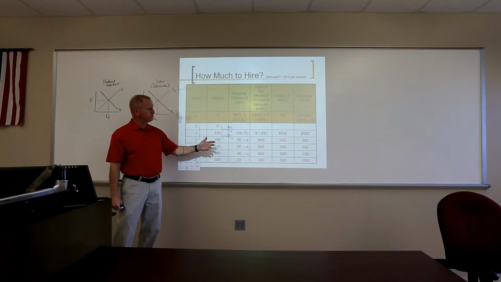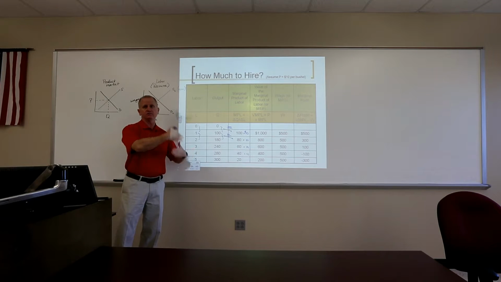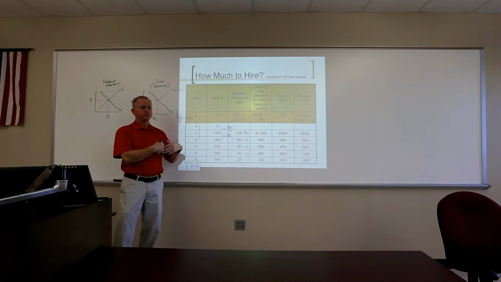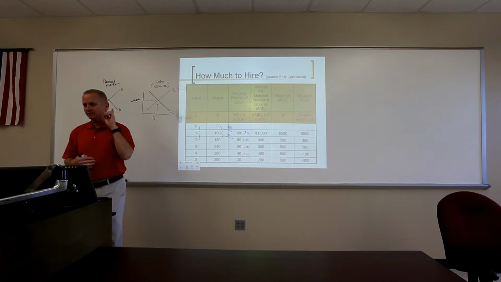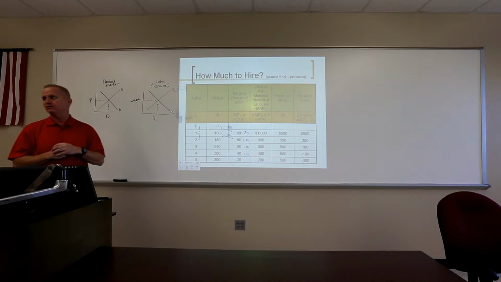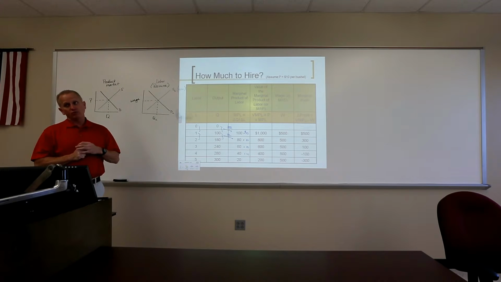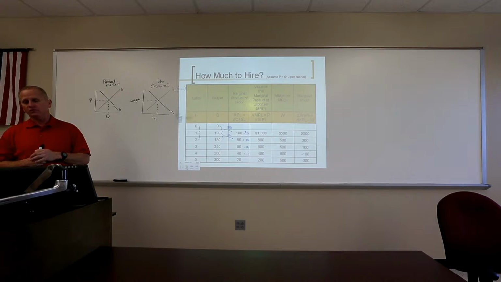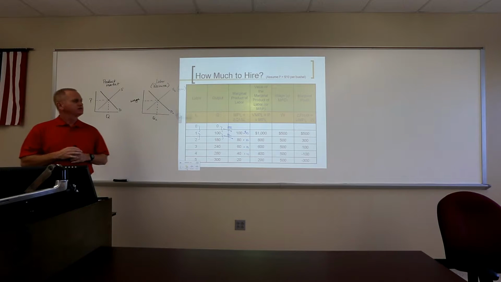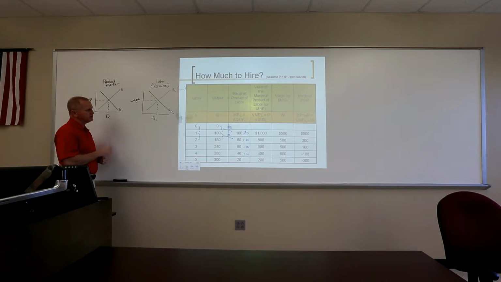So each of these people are being added to the hiring. They're adding certain amounts of value. Now the question at the top says how many to hire, or how much to hire. Well, that next column, which is the wage, is going to determine your decision, because the wage rate is given.